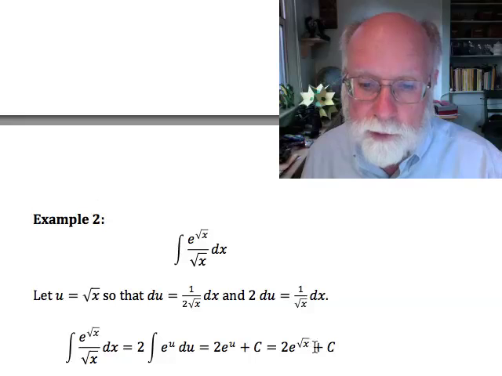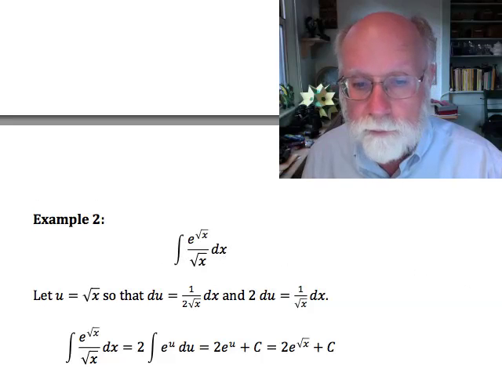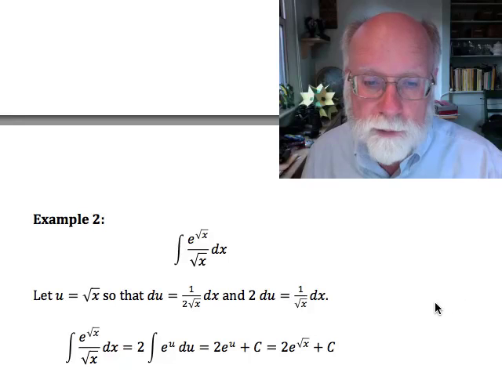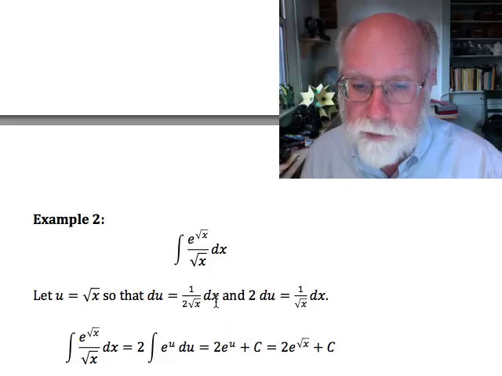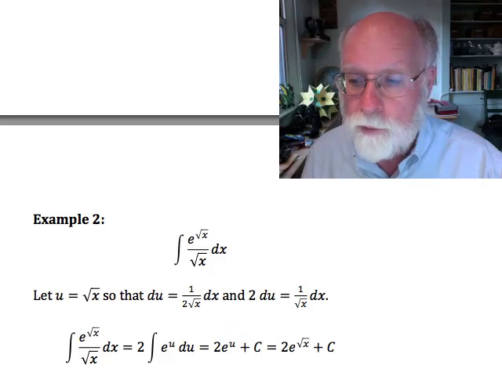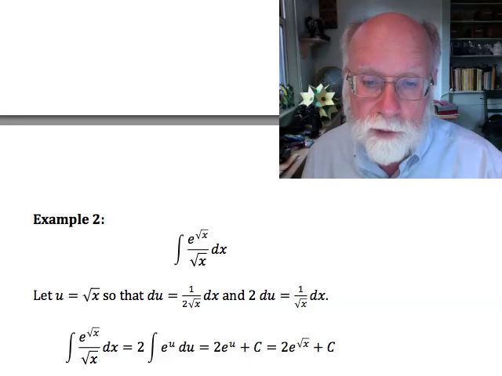The final step is to go back to the original variable x, so that you actually have an antiderivative written in terms of the variable that the problem gave you to begin with. This is again a simple integral where we've identified a simplification by changing the variable in a way that we can actually have the derivative of the new variable sitting in the integrand.